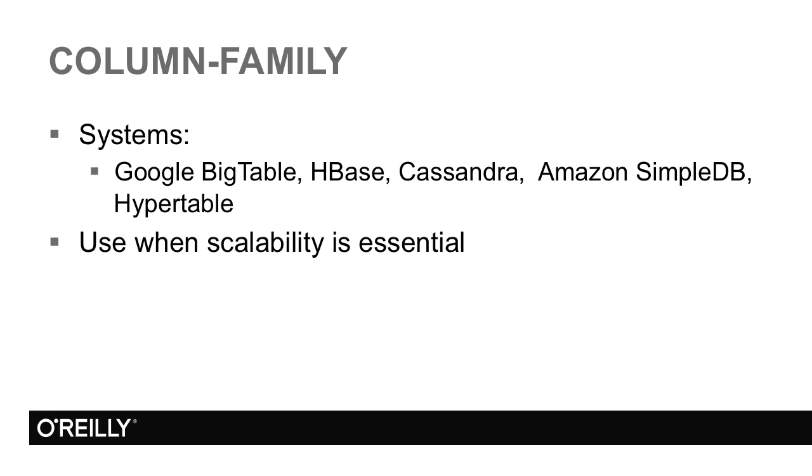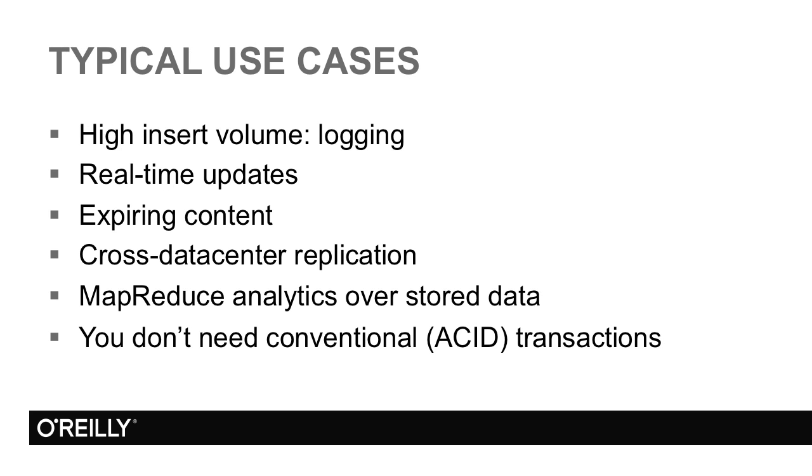Column family is going to be a good choice where we need great scalability, fault tolerance, and our data model is more complex than what we have with key value stores. The typical use cases for systems like this would include high insert volumes, for example, logging, time series applications, dealing with real-time updates.